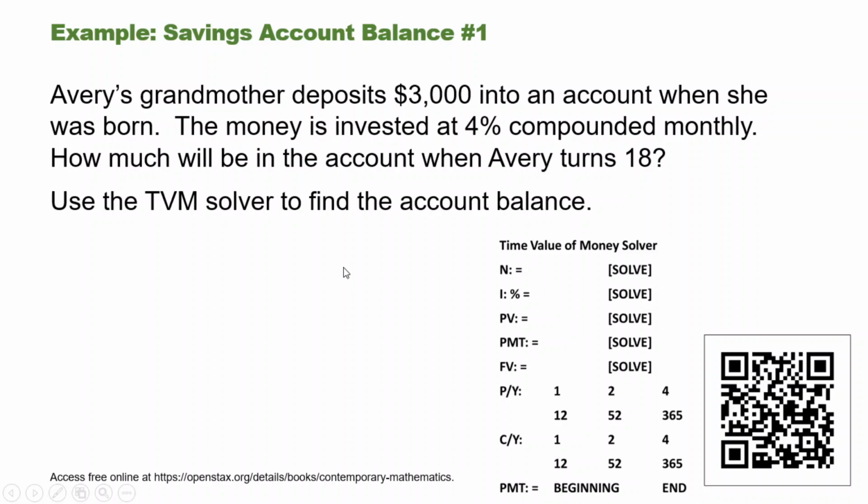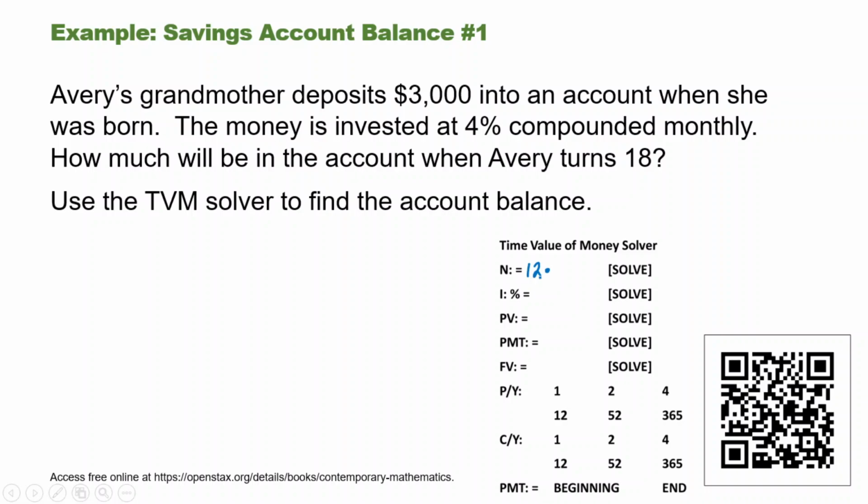So given the information that we have in this question, we need to complete the time value of money solver. Fill in the blanks here, and then we'll go to the solver itself and submit that information. So capital N is equal to 12 times, well, how many years do we have here?